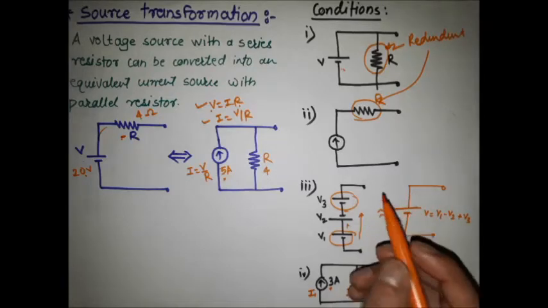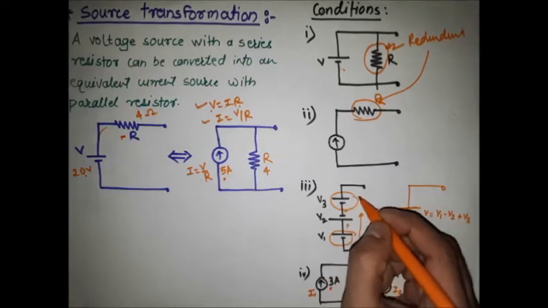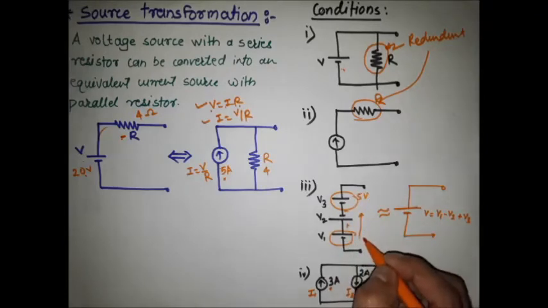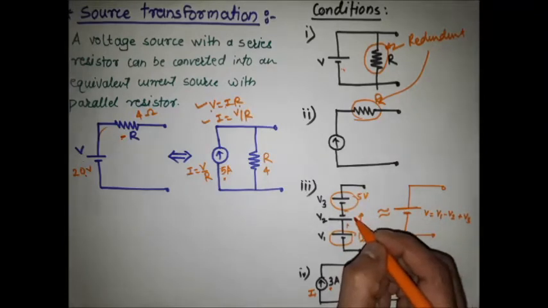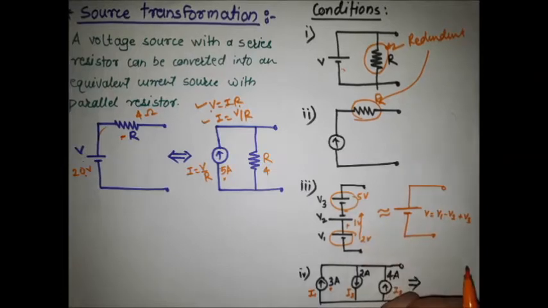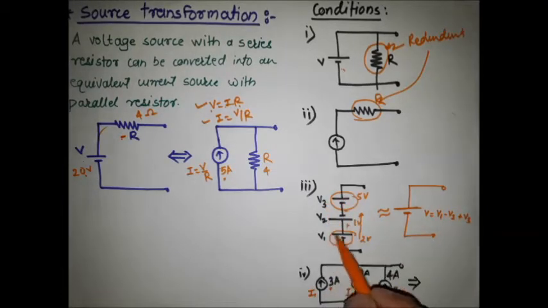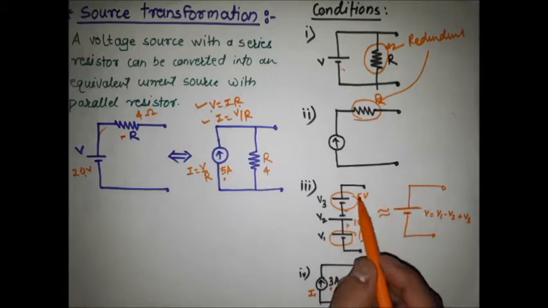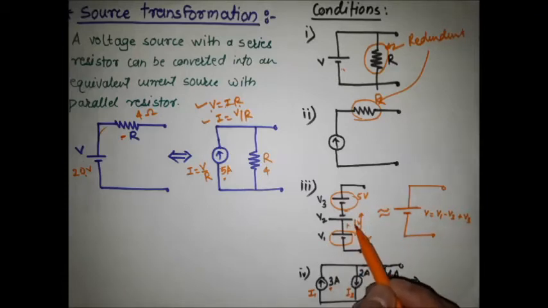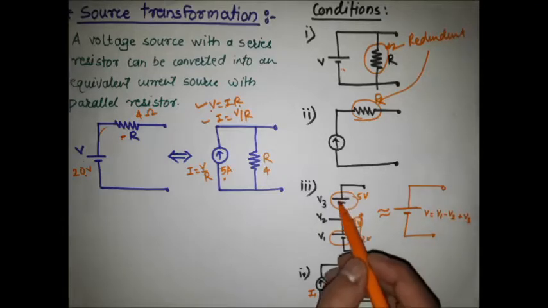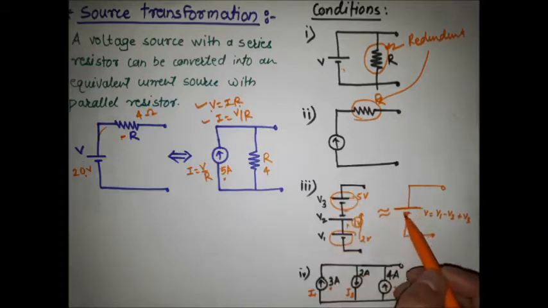And here we are giving the polarities at the final voltage. Suppose the voltage V3 is 5 volt, voltage V1 is 2 volt, and the voltage V2 is 1 volt. That means the same polarity is in V3 and V1, and the total addition is 5 plus 2 is 7 volt, minus V2 is 1 volt. Because 1 volt is the lesser one, we are giving the polarities of the higher voltage like this.